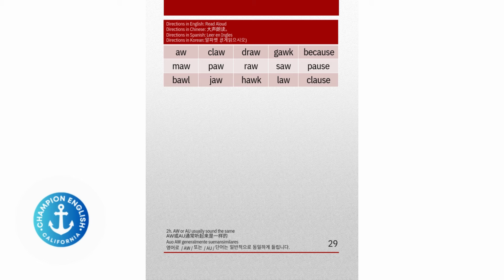You should say aw, claw, draw, gawk, because, ma, paw, raw, saw, pause, ball, jaw, hawk, law, claws. Good job, students. Say it again by yourselves.